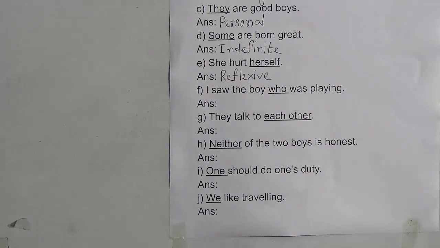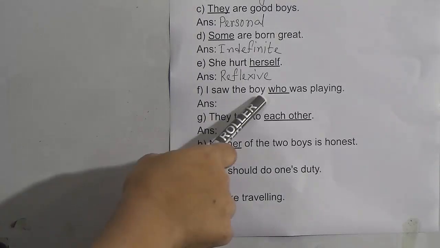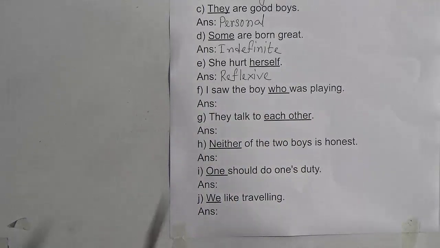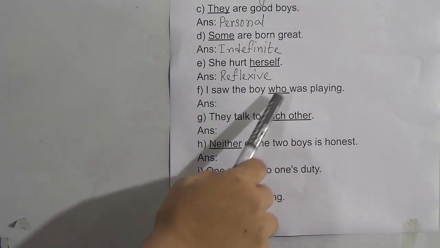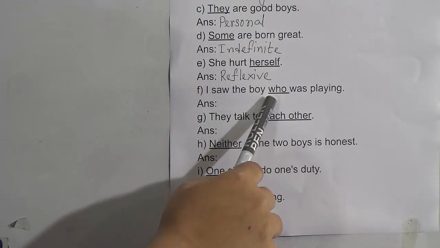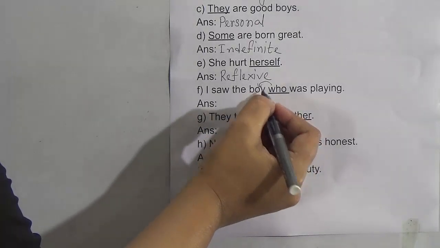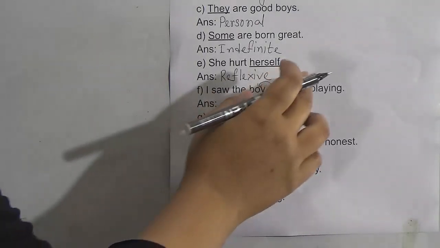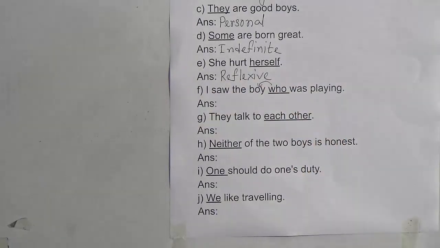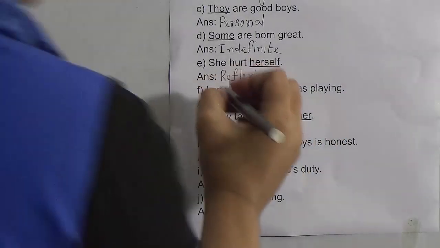Now we will go to number F. I saw the boy who was playing. Who is underlined here, and the word who refers to the boy, and it joined two sentences, right? So it will be relative pronoun.